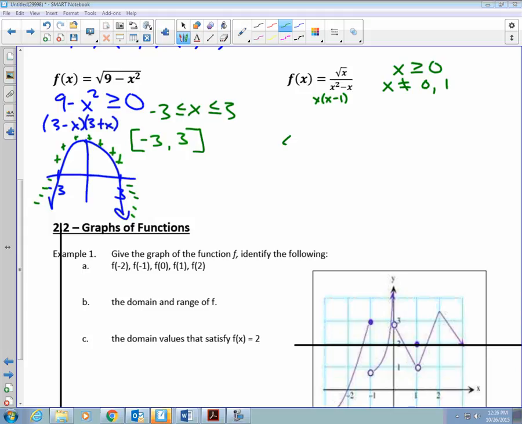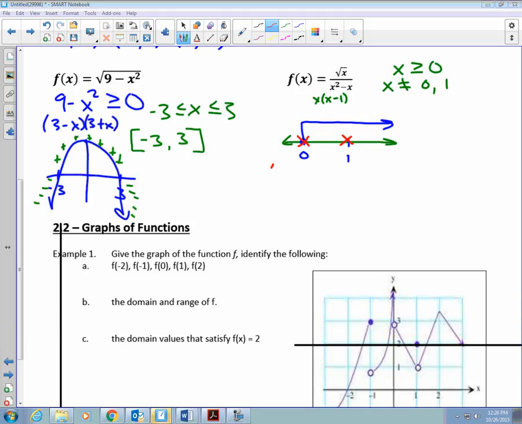If you were to look at the graph of the domain, we would say, well, we're starting at 0, and we would have a closed circle, and we'd go up and over this way. But the fact is we have to exclude this number 0, and we have to exclude this number 1. Okay?